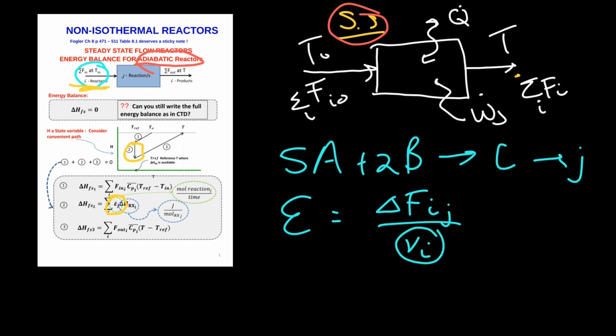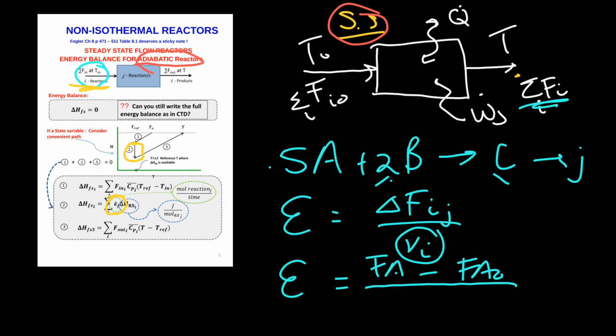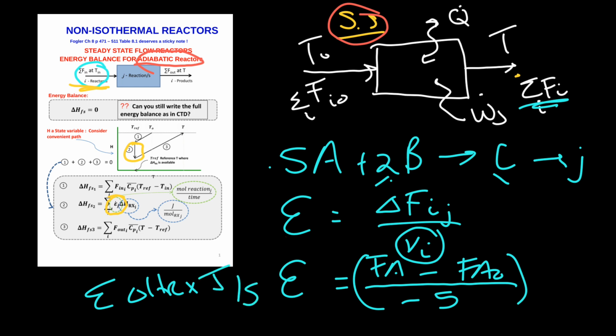So it will be minus 5 for A, it will be minus 2 for B, and it will be plus 1 for C. So for A, for instance, if I want to write the reaction coordinate, it's going to be equal to FA, which is the outlet there, minus whatever was coming in, divided by its stoichiometric number, which will be minus 5. And then if I multiply this epsilon value with my del H reaction, I am just going to end up with joules per second.